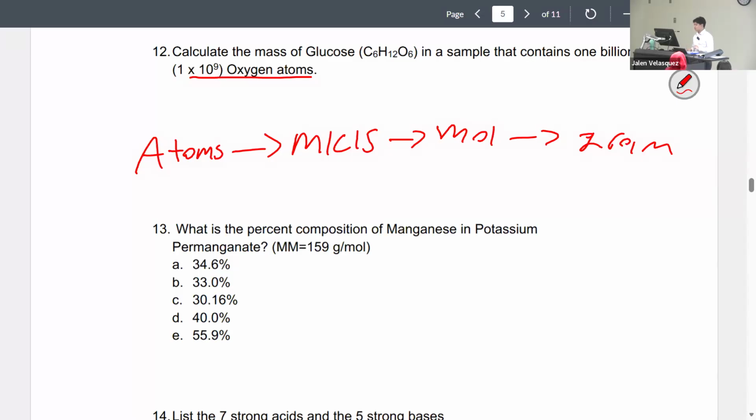Alright, so let's go over it then. Here's the roadmap we're gonna take to solve this problem. We're gonna go from the given amount of oxygen atoms into the molecules of glucose, then to the moles of glucose, and then finally to the grams of glucose. Okay?